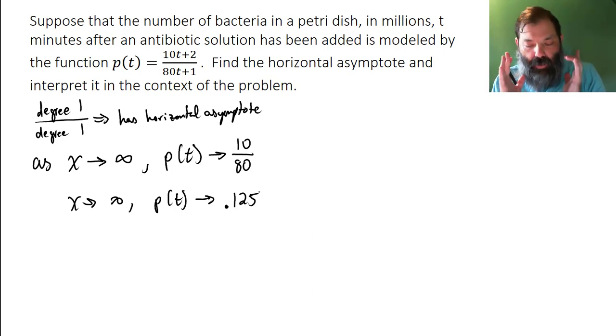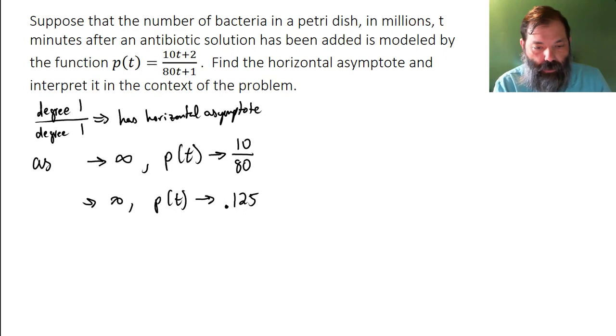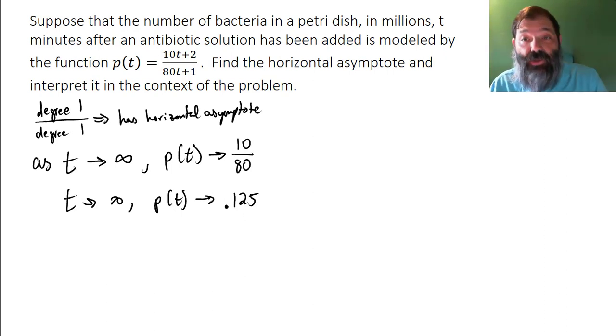All right, so remember, as x approaches infinity, and actually, it shouldn't have been x, it should have been t. Sorry about that. All right, t is our input variable for the function. As t is approaching infinity, p of t is approaching 0.125. All right, so we found the horizontal asymptote.